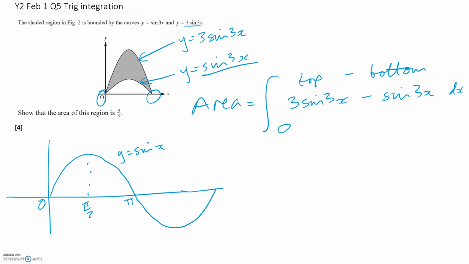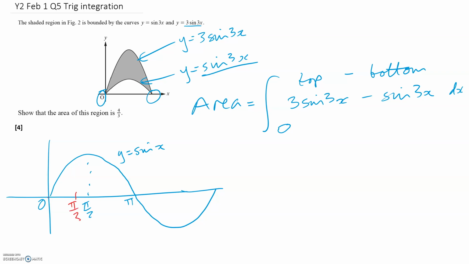And so the sine 3x graph would be a stretch, a scale factor of a third in the x direction. In other words, you're going to divide all the x values by 3. So it's going to go through at pi over 3.